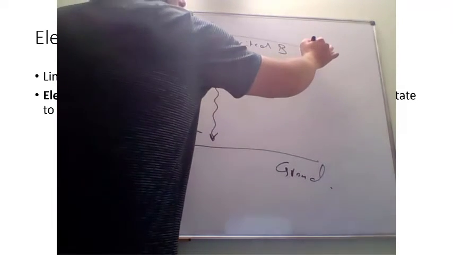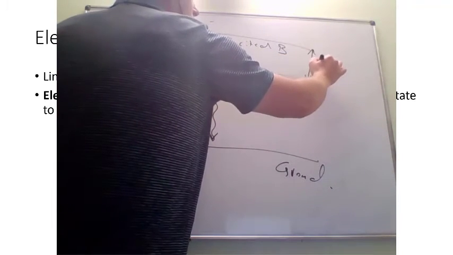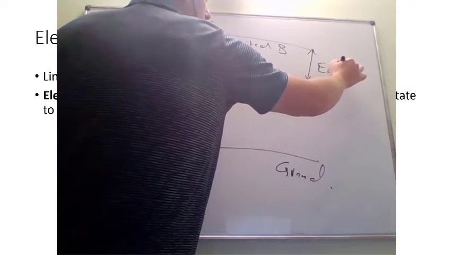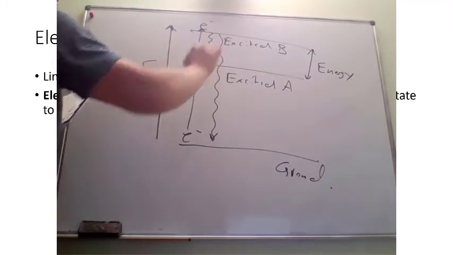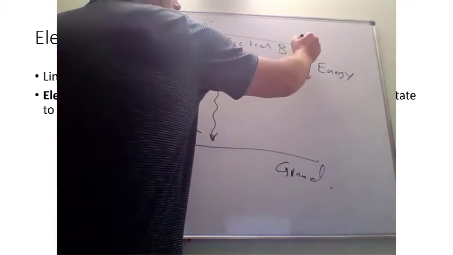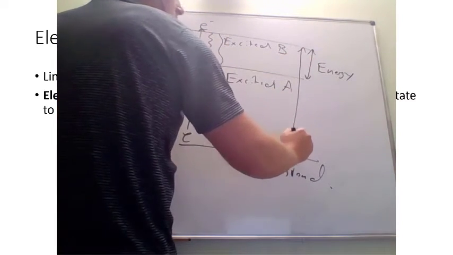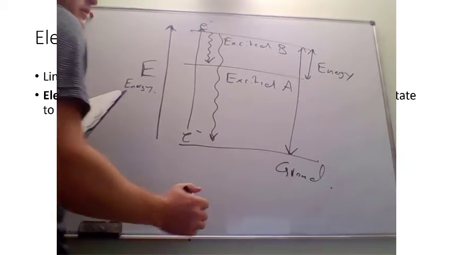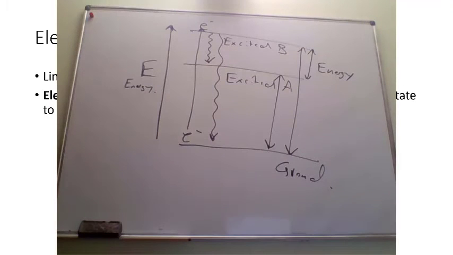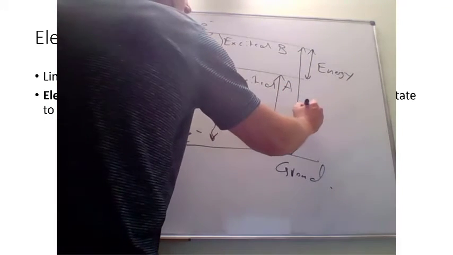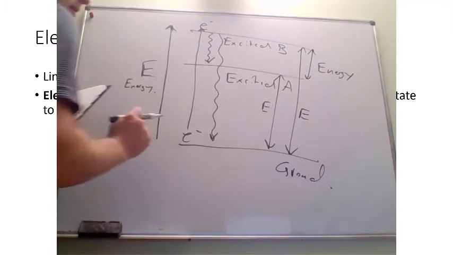Now there is an energy associated with each of these transitions, whether going from energy state B to energy state A, or going from energy state B all the way down to ground. Or for that matter, there's an energy associated with going from excited state A down to the ground. So each of these have a specific energy associated with it.